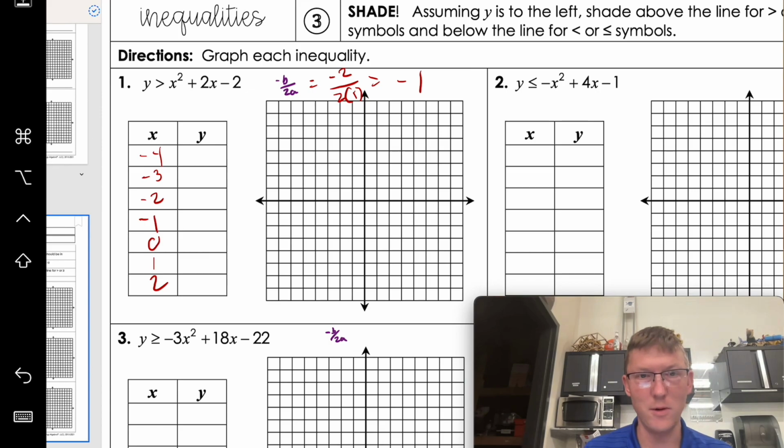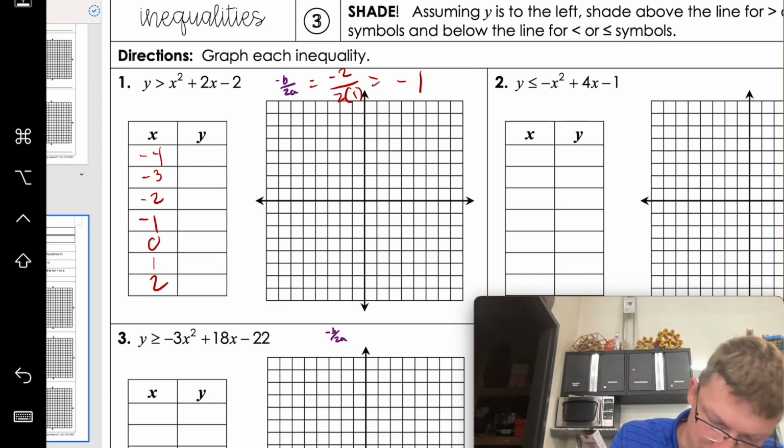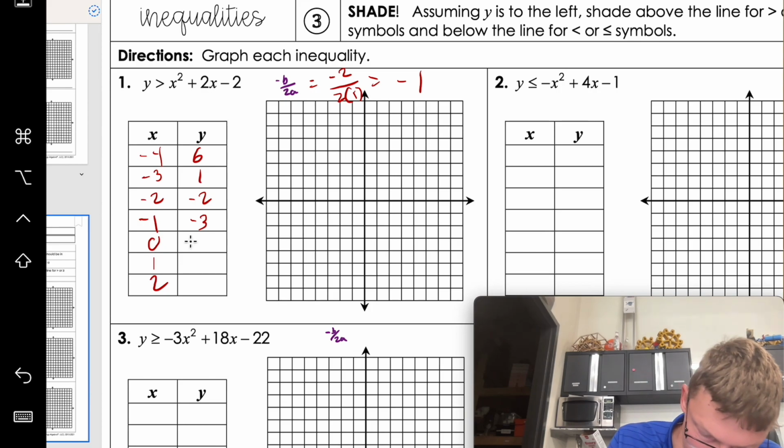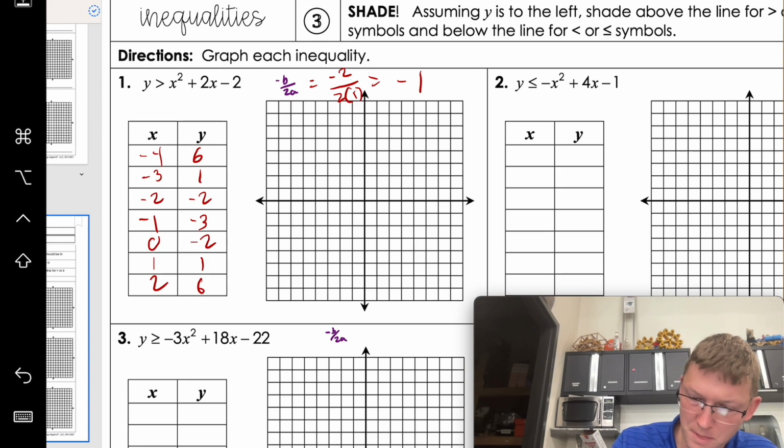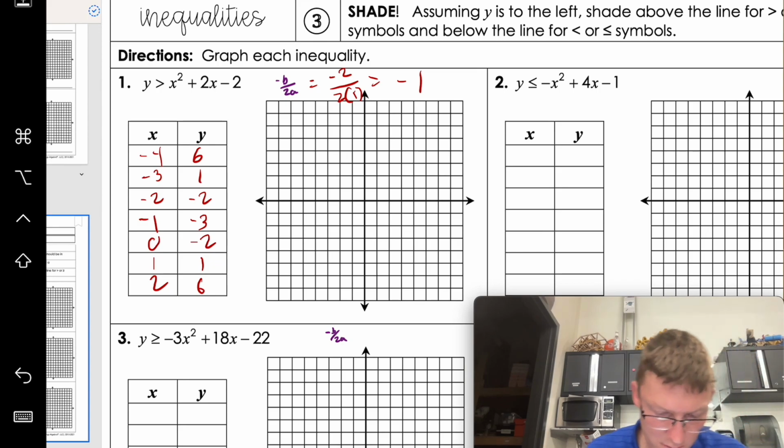That'll take us to the table, enter in my values, and it's going to tell me 6, 1, -2, -3, -2, 1, and 6.